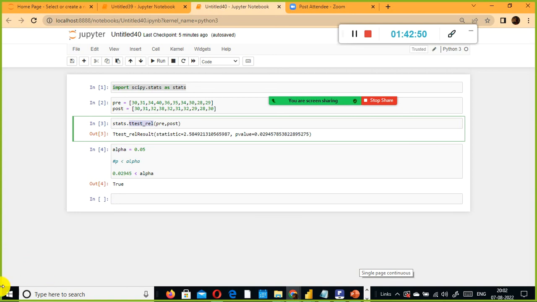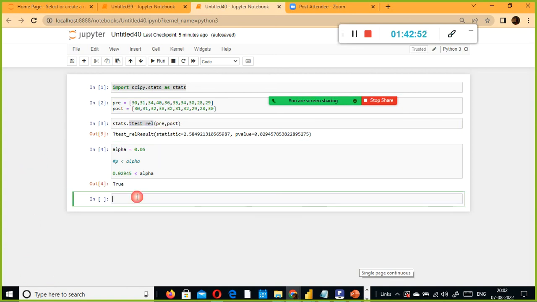In that case, stats.ttest_ind, and in this case my a is pre and b is post. You just think these two samples are coming from two different populations. Hence, these two samples are completely independent.